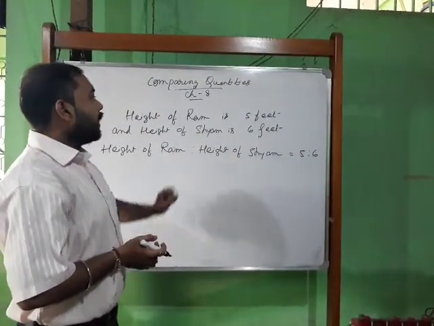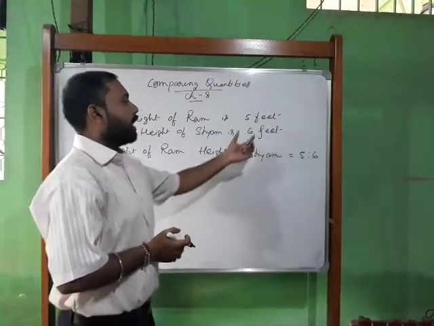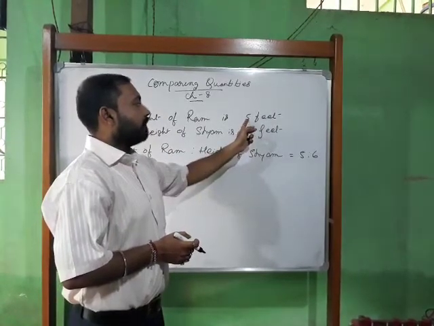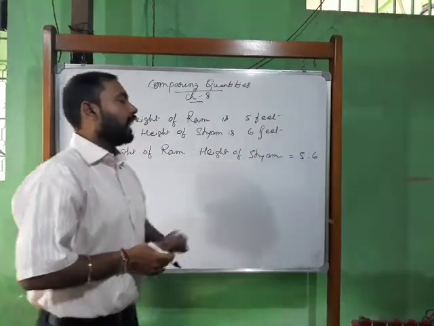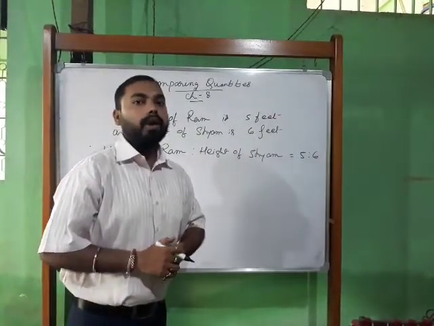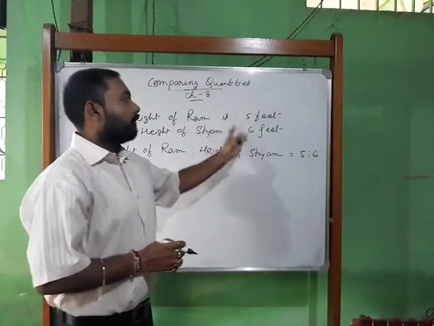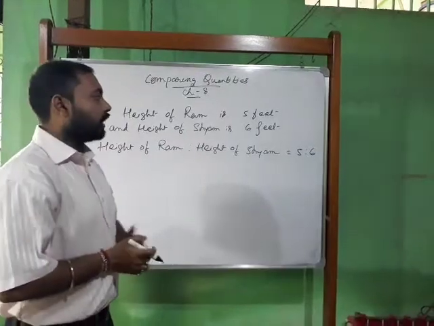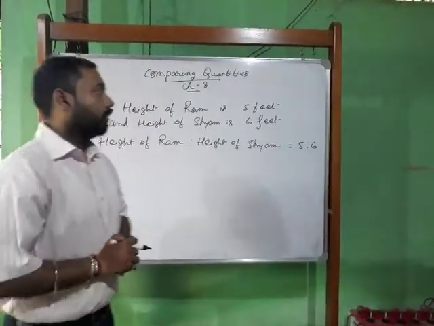While comparing quantities, we have to keep in mind that the units should be the same. As you can see, I have written 5 feet and 6 feet. These two units are the same. Then only can we compare two quantities. If the units are not the same, we have to bring them into the same unit. We have to do some conversion. Then only can we compare and calculate the ratio.